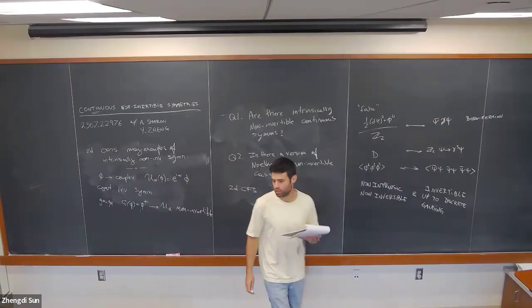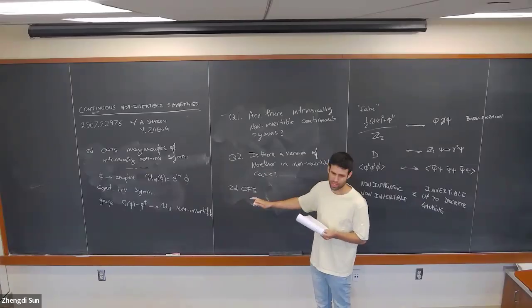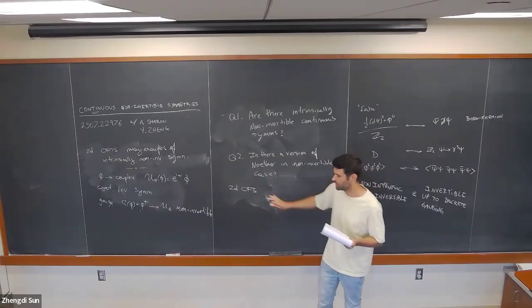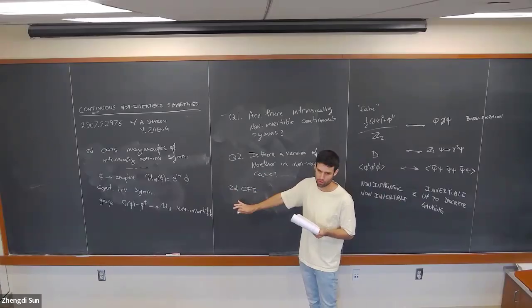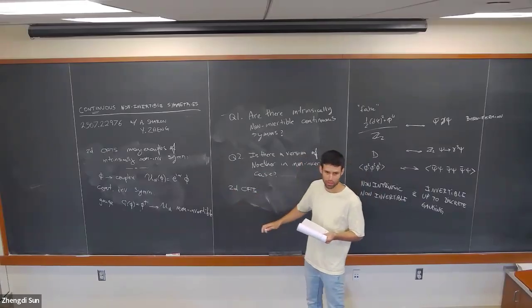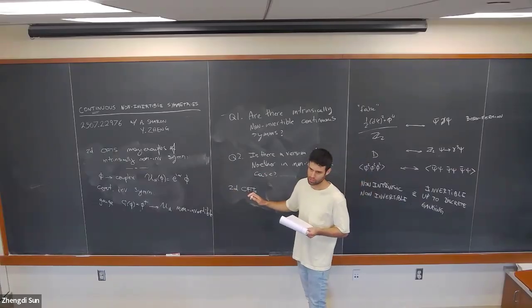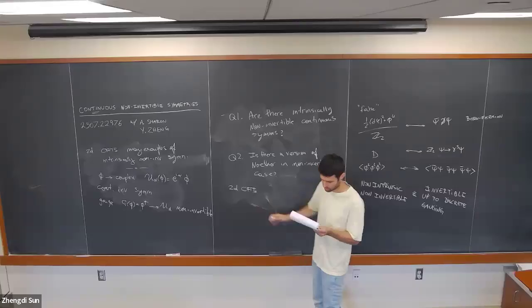But we believe we only have answers in this case for technical reasons. There's nothing fundamental. Nothing that I'm going to say really depends on the fact that here it is 2-dimensional and conformal. We believe that there is some extension to any dimension and any theory, but we really needed some data that is only available for 2-dimensional CFTs, which is why I'm going to stick to this case.